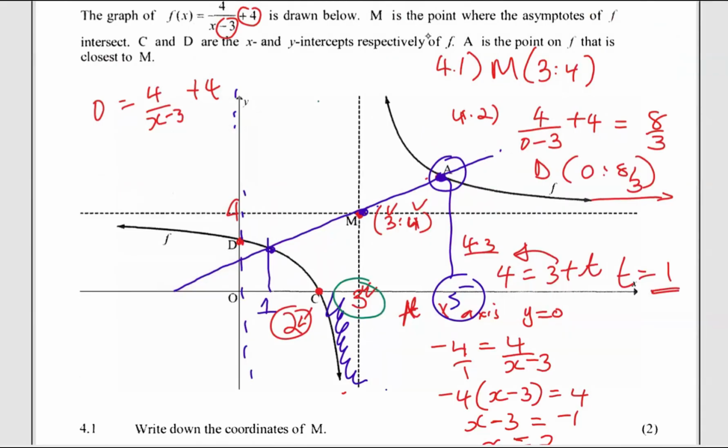What's going to be affected is this vertical, which means it's going to be somewhere here around the negative 3 point, okay? And then this arm of the graph is going to be somewhere here, and this arm of the graph will be somewhere here. Now, if that is true, this point A is going to be at a negative 5, together with its y coordinate, which does not change.